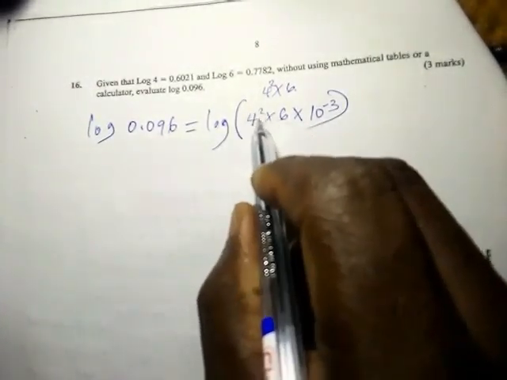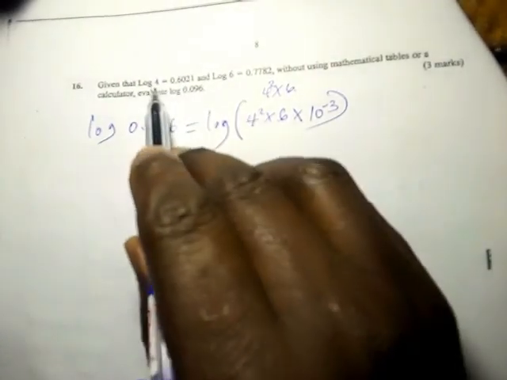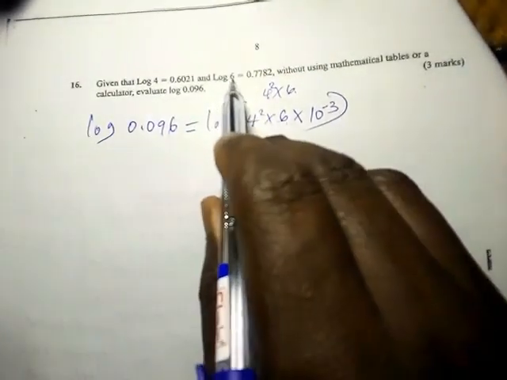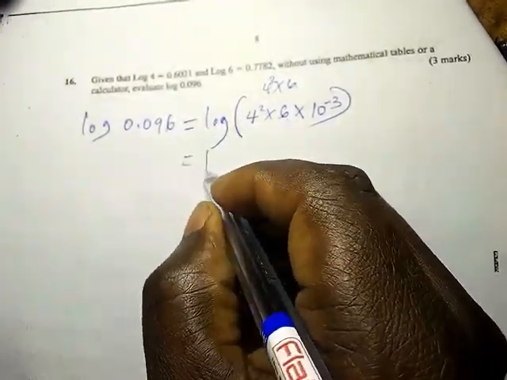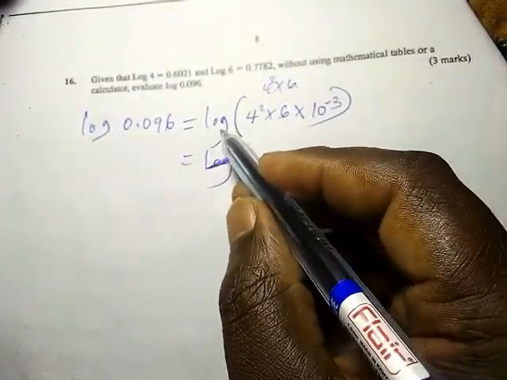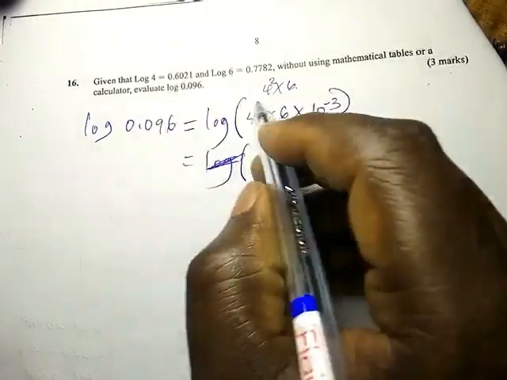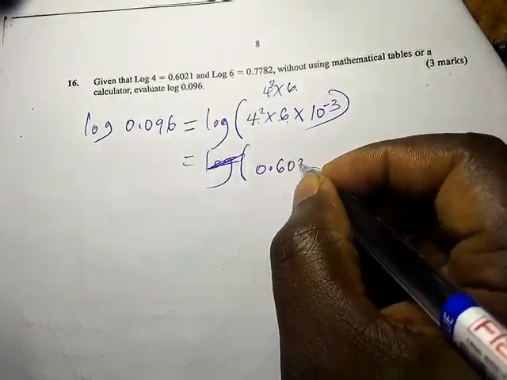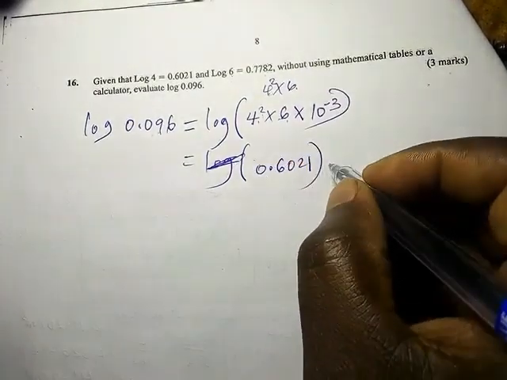Why do we need to put this number in the form of 4 and 6? Because we have been given the logarithm of 4 and the logarithm of 6. Now the log of 4 is 0.6021, but the square means you multiply by 2.